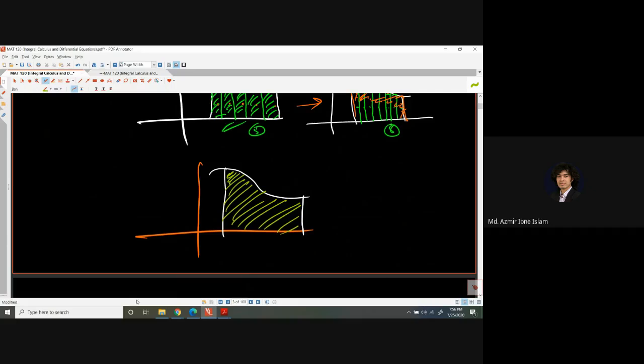That means the number of rectangles should be infinity. So that it looks like we may have the total area. We can only find an exact area if it is possible to have infinitesimal rectangles.